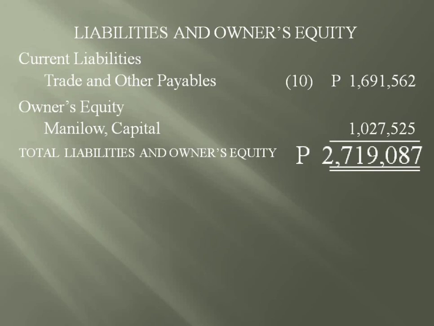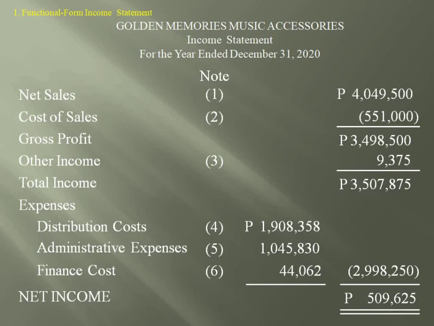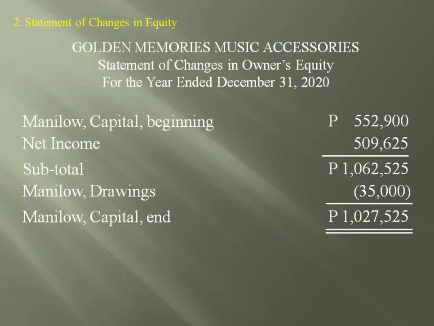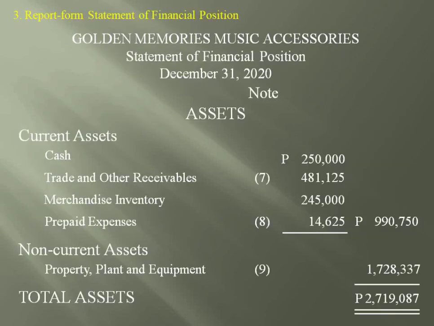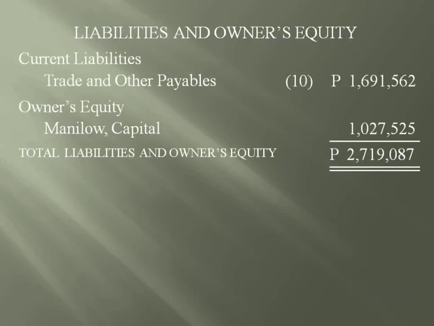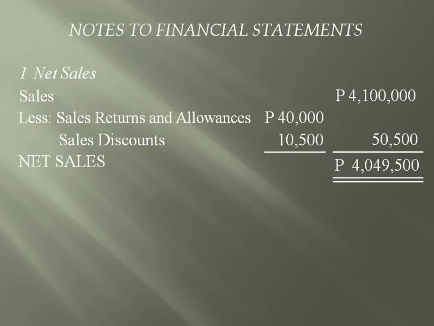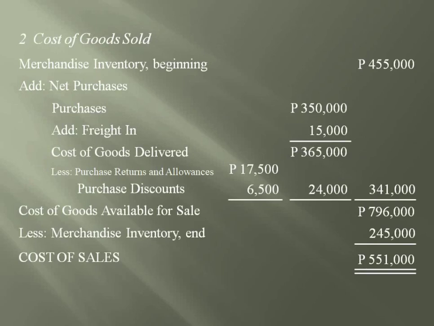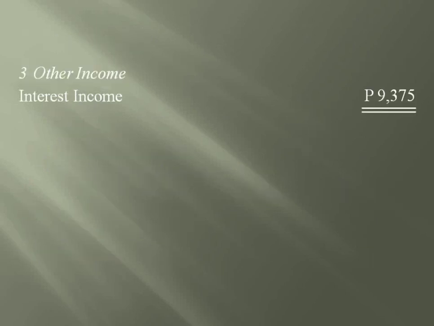And with that, we have finished preparing Golden Memory's income statement, statement of changes in owner's equity, statement of financial position, and notes to financial statements. At least partial notes to financial statements.